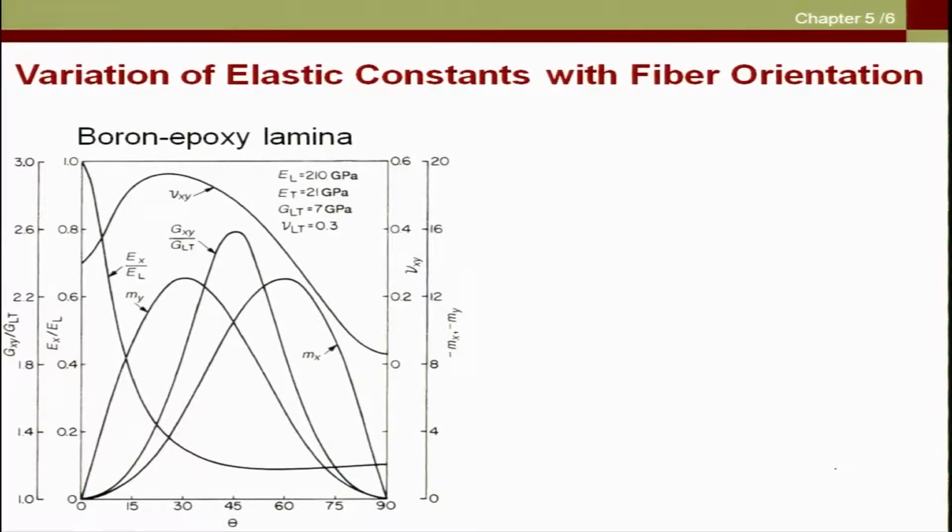So, what do we see in boron epoxy? This is the graph for Ex divided by El, and what we see here is that, once again as expected, it starts at 1.0, which means at 0 degrees Ex will be the same as El, which is 210 GPa, and then its minima value is about 0.1 because Et is 21 GPa.